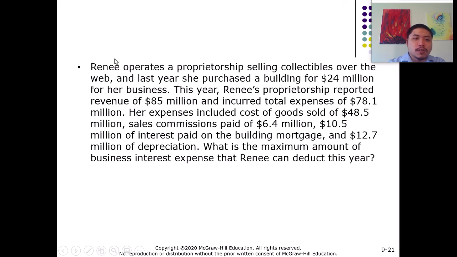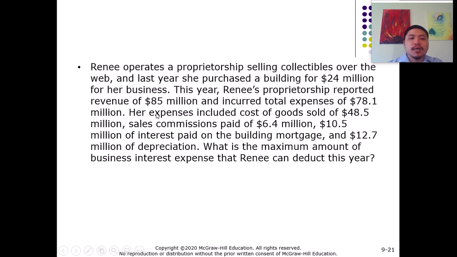So the question says Renee operates a proprietorship selling collectibles over the web, and last year she purchased the building for $24 million for her business, right? And then this year her business reported a revenue of $85 million and a total expense of $78.1 million, right?